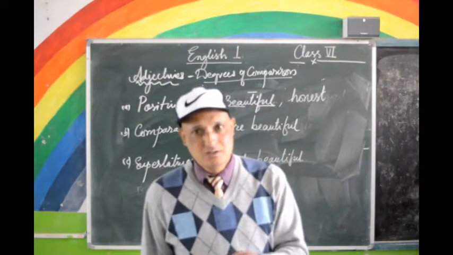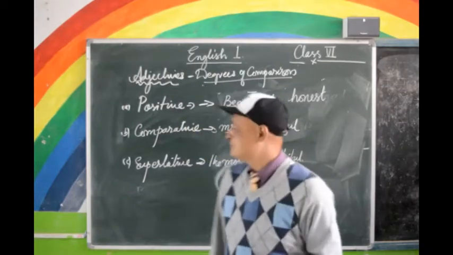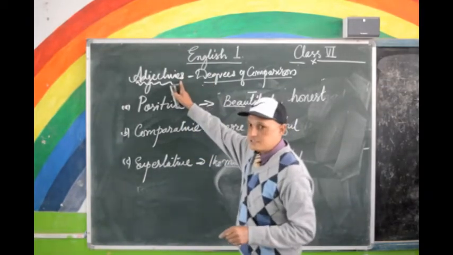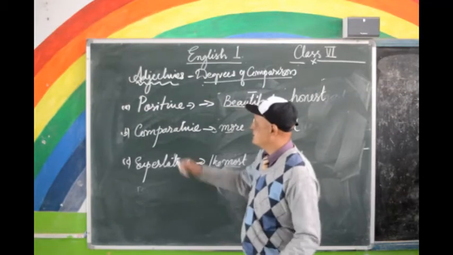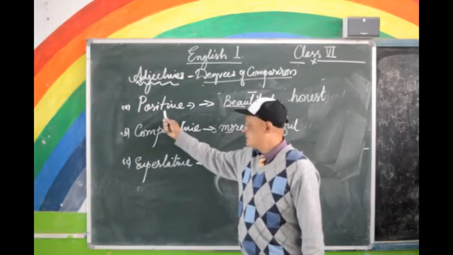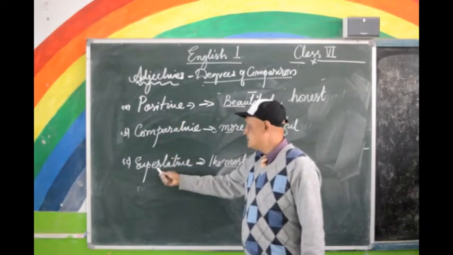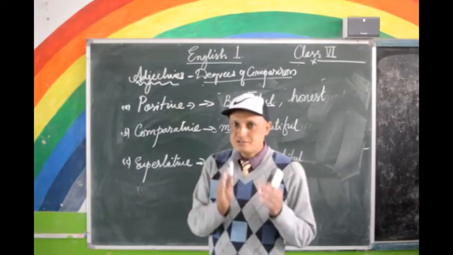We are trying to learn about the different degrees of comparison of adjectives. What are they? There are different degrees. The first one is the positive degree, comparative degree, and the superlative degree.